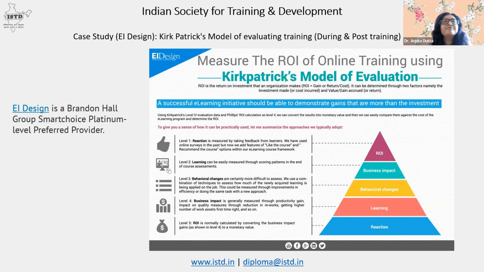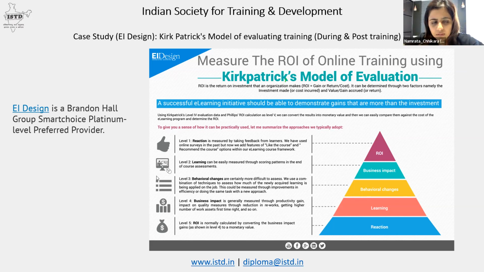So what is the revenue? That itself is a delta change in the revenue differences that you see. That is level 5. So that's how they were doing the efficacy check of the e-learning solution. All right. So yes, Namrata.